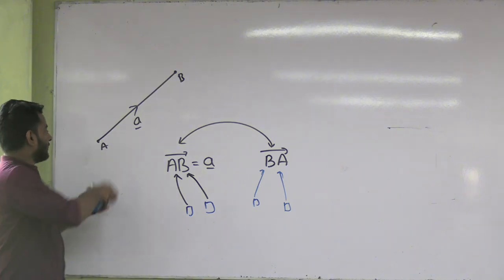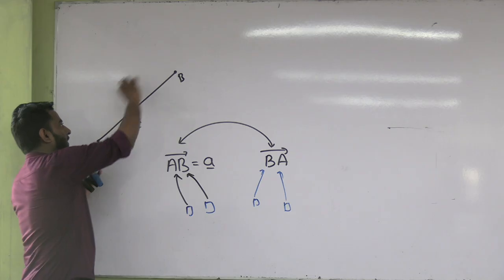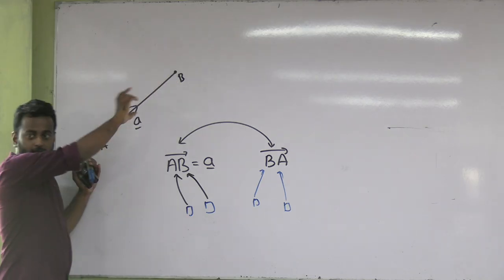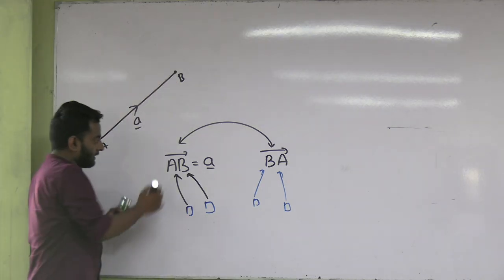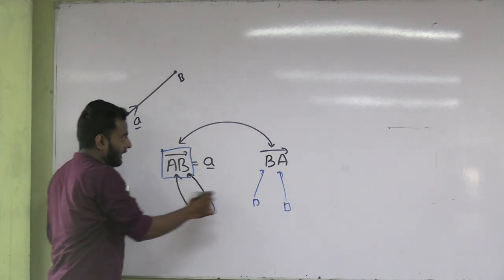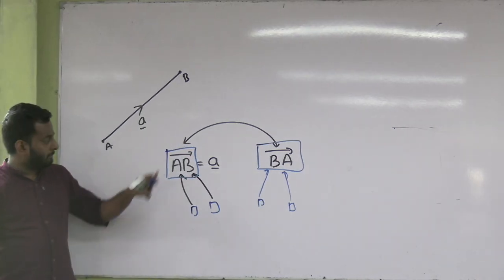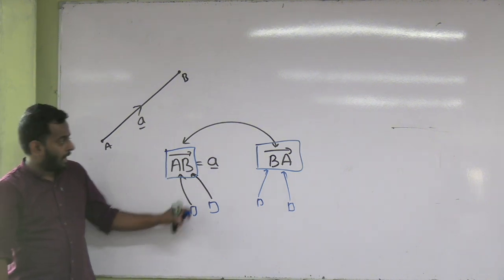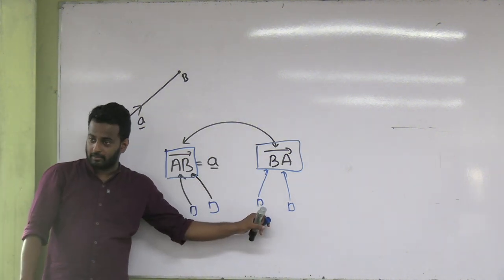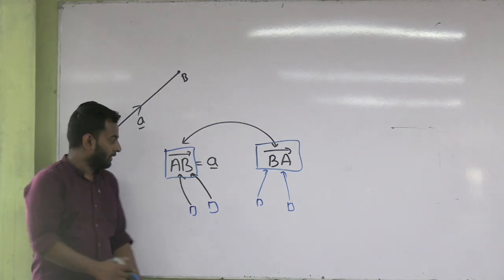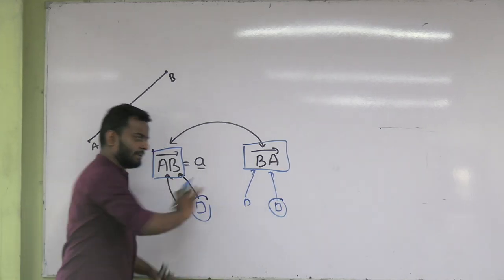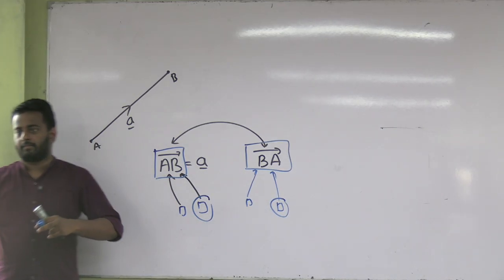Measuring the length of the line from A to B and B to A, both are the same. So the length of the line AB and the length of the line BA are equal, which means the magnitude of AB and the magnitude of BA are equal. So the magnitude is equal. What about the direction? Is it different, or can we use another word for that?